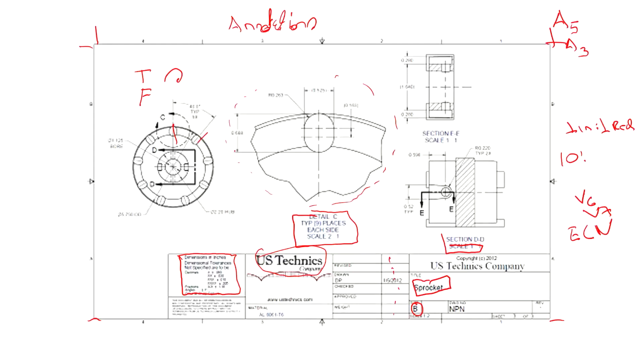You want to make sure that your annotations are not redundant. In other words, if you are sizing this diameter in this view, you don't need to size it again in another view. Or if you're sizing this distance in this view, this distance right here, you don't need to size it again in this view.